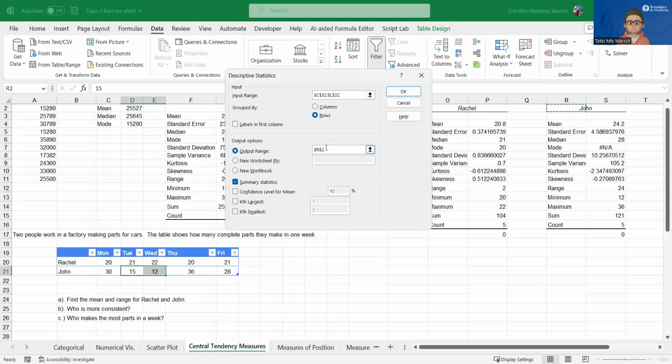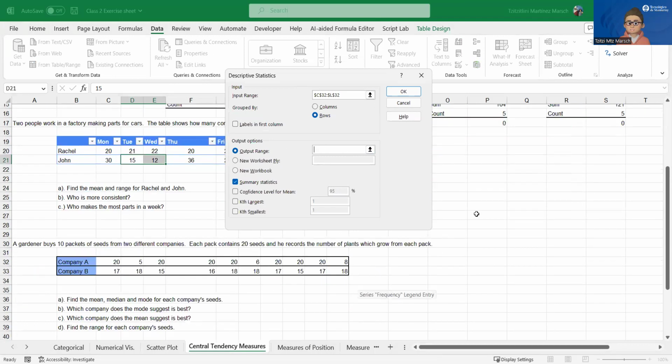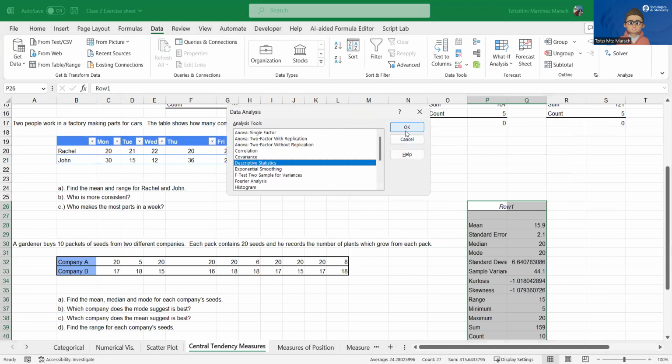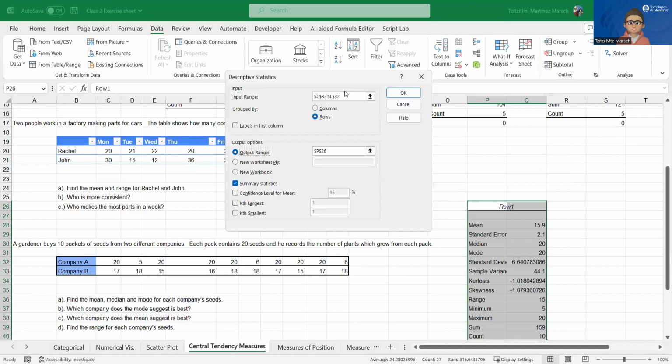The output range, we want it down here because our information is down here. So we'll put it right here. And it's the summary of the statistics. And now we want data analysis again. Descriptive statistics. We'll change this input range because now we want company B. And the output range is what we'll change.